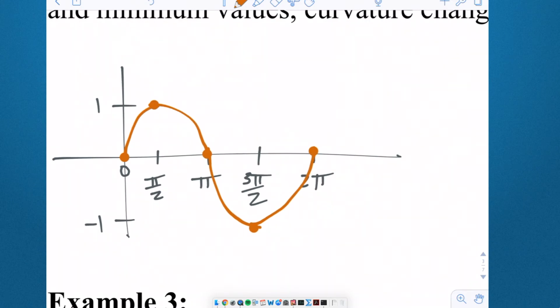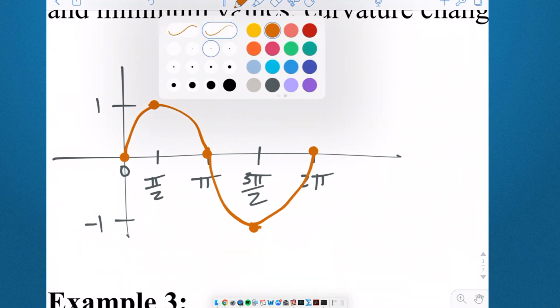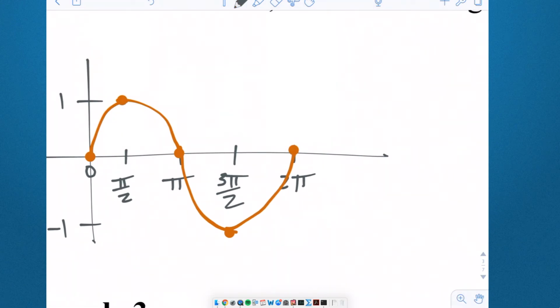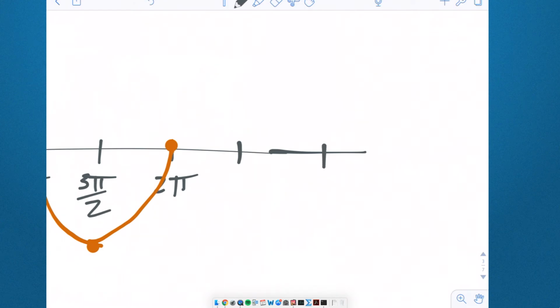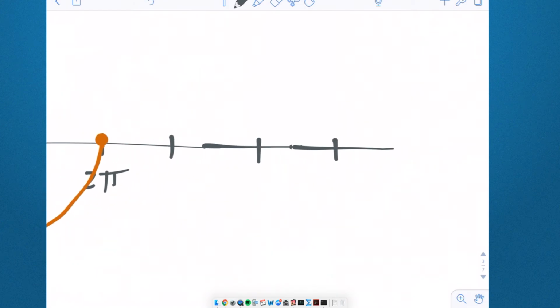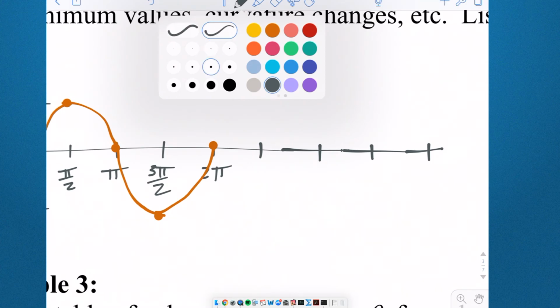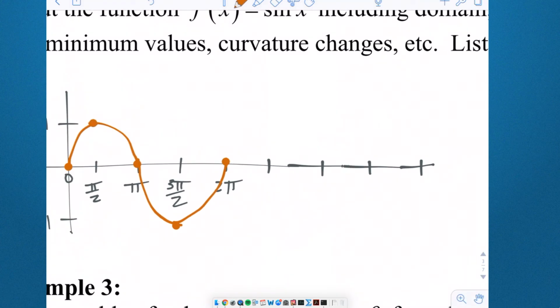And if you needed more points, guess what you could do? You could simply keep that quarter cycle distance, which on your paper is this distance here, and you could just start throwing down more little hash marks that are roughly that same distance away. And if you needed more points, no problem. Where would the next one be? Just keep the pattern going.